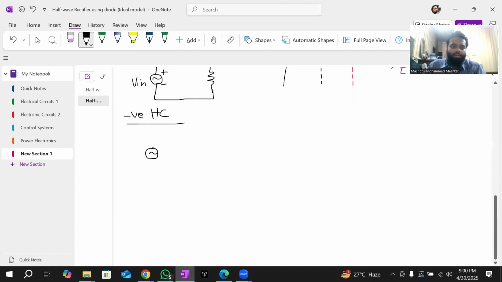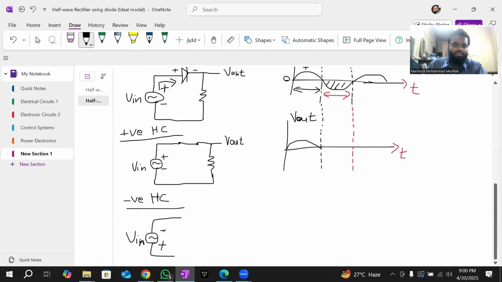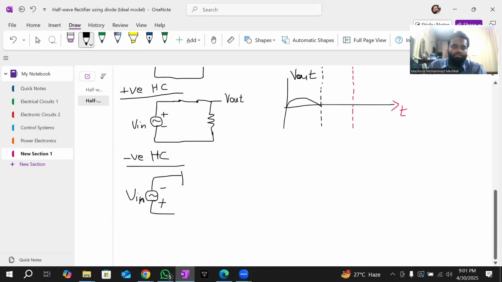That means my terminal now becomes minus plus, not plus minus. At this stage, this is minus and this is plus. My diode was over here, and this is my P junction, this is my N junction. At this point, the voltage across the P junction is lower, because now this is negative and this part is positive.